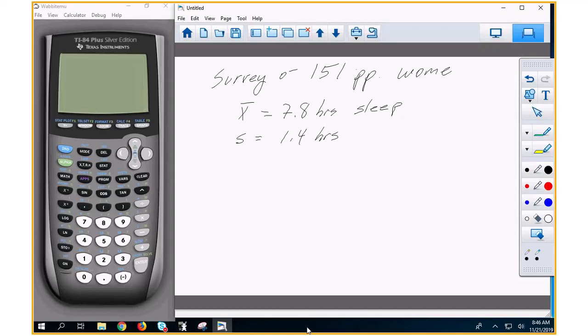Does evidence support that postpartum women do not get enough sleep?